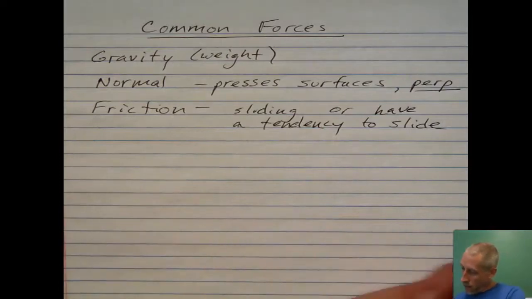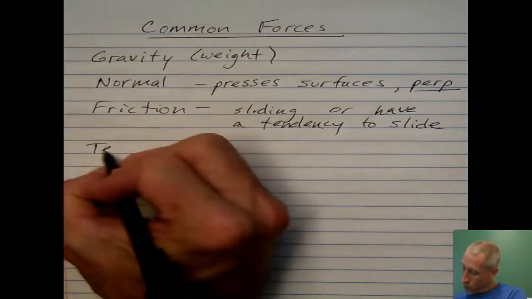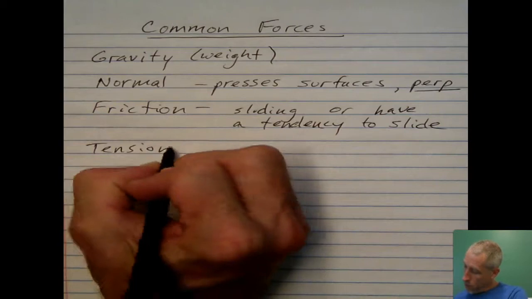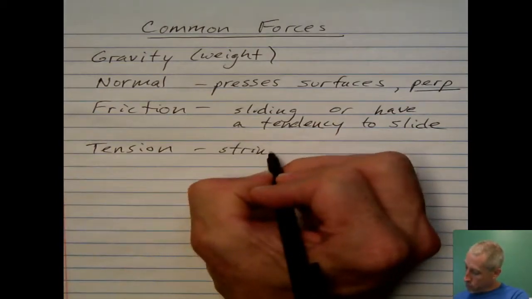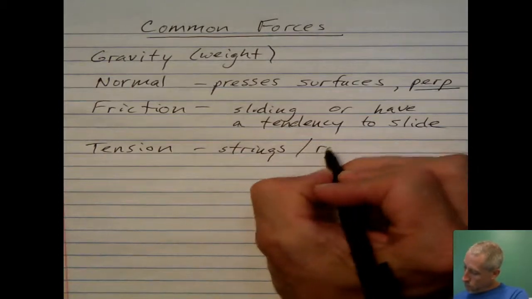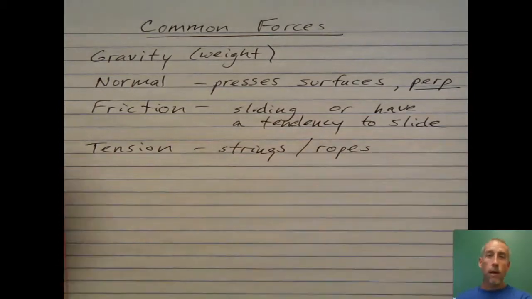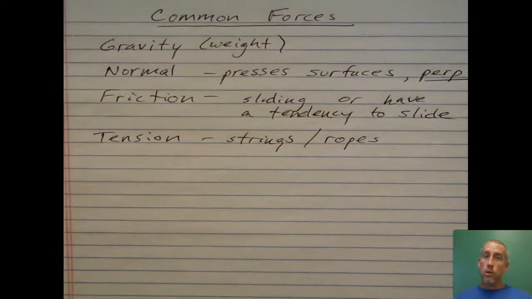Other forces we'll have maybe tension forces. This is how we categorize forces due to things like strings and ropes, cables, and the like. You can also just call it the force of the string or the force of the rope, but it's commonly called tension. I went through my entire Physics 1 experience without realizing that the word tension was another word for force. That's a little embarrassing now, but it's the truth.